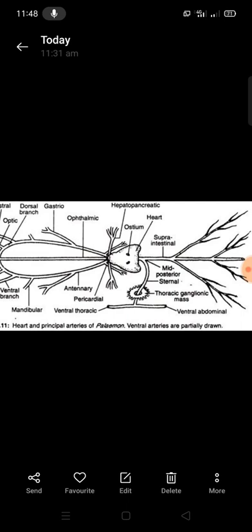Each antennal artery gives 3 branches on each side, namely a pericardial, a gastric and the mandibular.